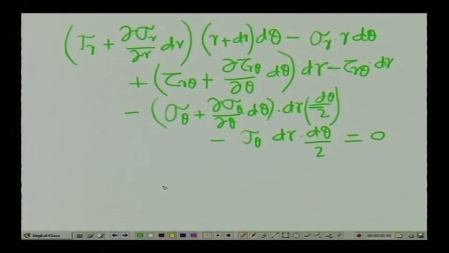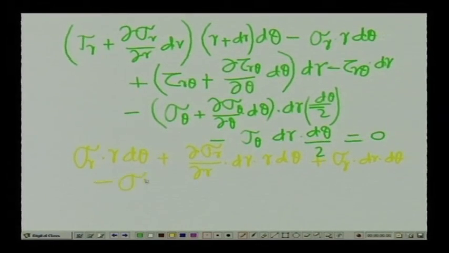Hence, on simplification this gives sigma r times r d theta plus del sigma r del r dr into r d theta. Now, when we multiply with dr, we have plus sigma r dr d theta. This particular term, when multiplied with dr d theta, will have a term dr square, and since this is small we neglect that term.